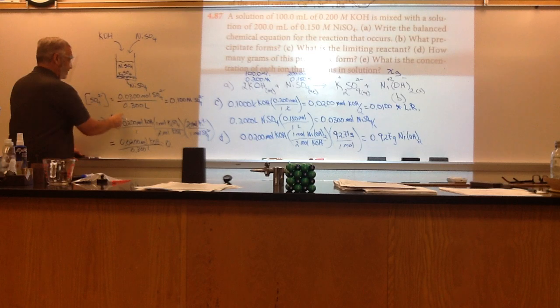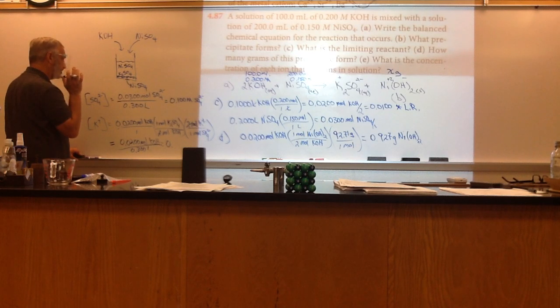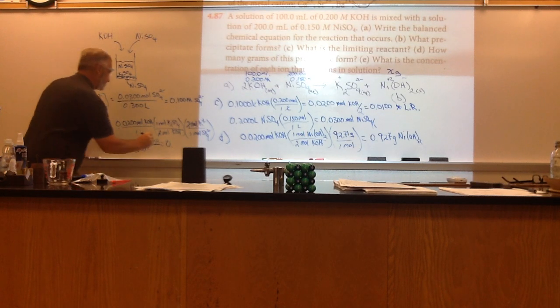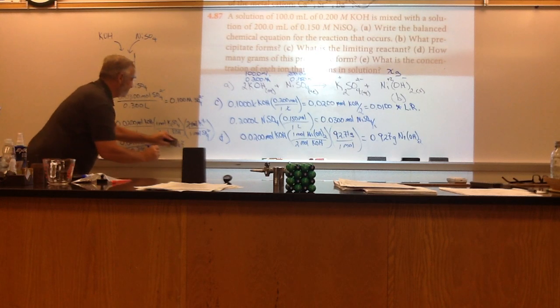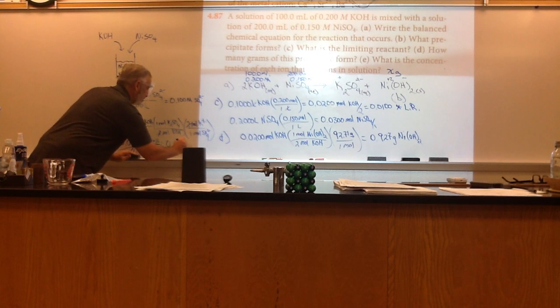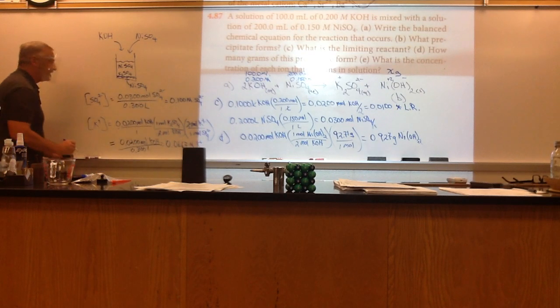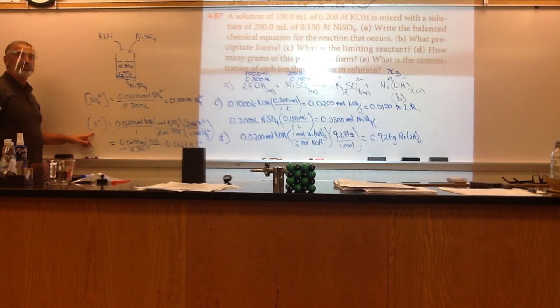This was 0.1, so this should be... well, that's a full number. Oh, that's true. So 0.0667, and we should have 3 sig figs, so 0.667. So that's the concentration of K+.